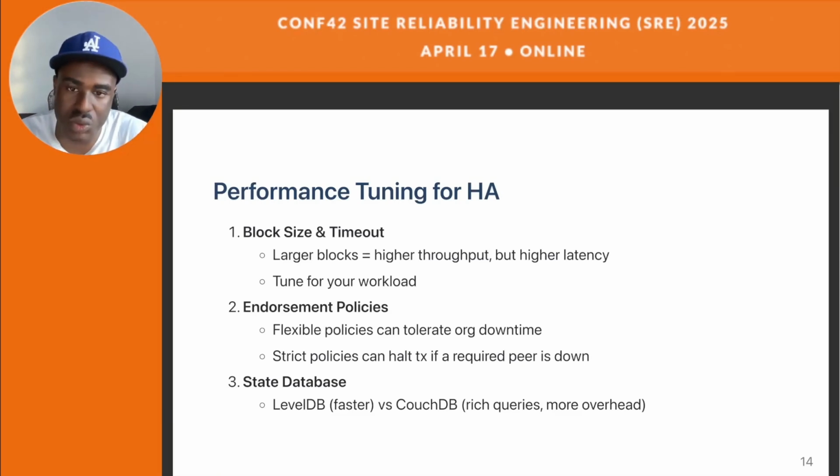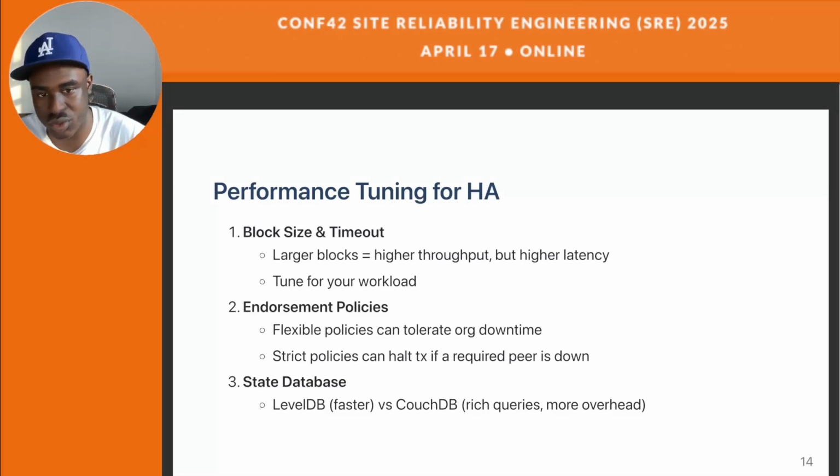If possible, use looser or more flexible policies, e.g. any 2 of 3 orgs can keep you running if one of the orgs is down. Strict policies can cause a stall or halt if a required authorization goes offline. Then also, for the state database, LevelDB is faster, but CouchDB supports rich queries.